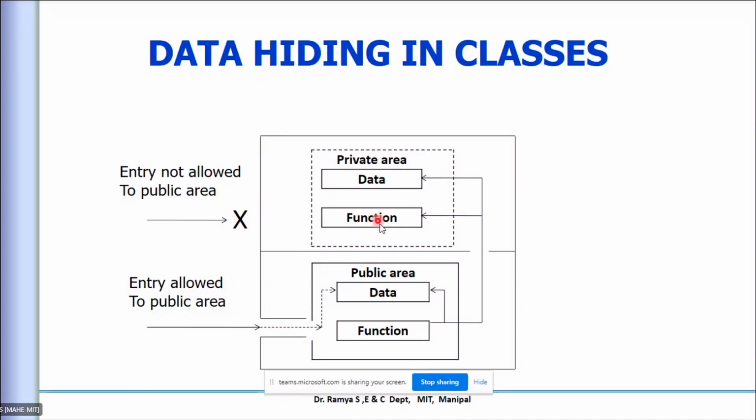But we can create another container where access can be given, known as public data or public function. You write the keyword public and then define all this information. Remember, this is the visualization required. We call this data hiding or data encapsulation.